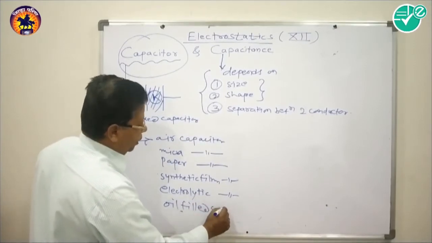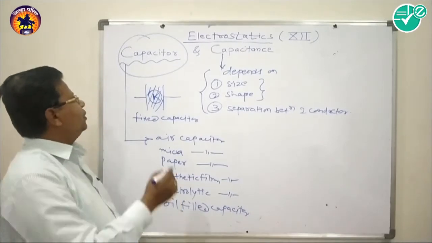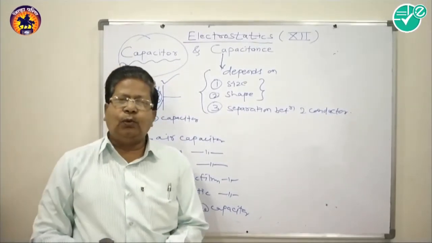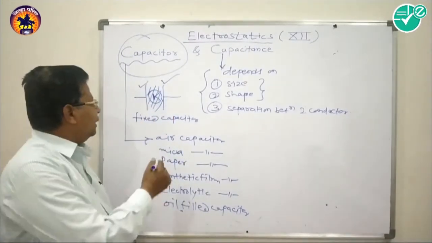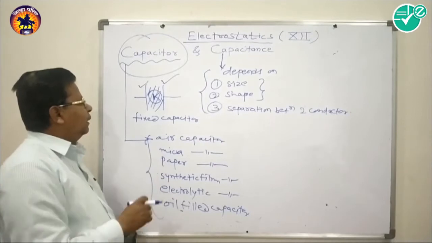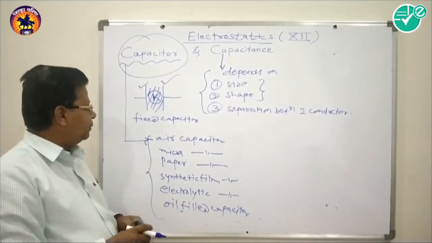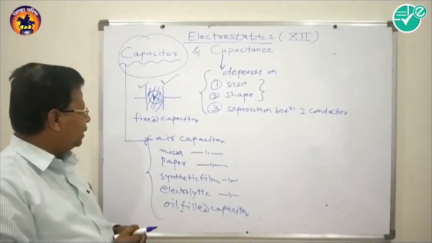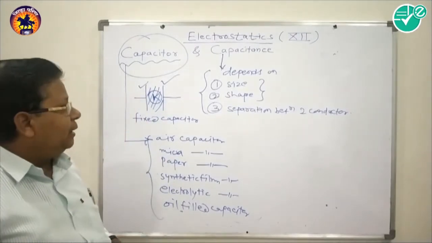So depending upon the dielectric medium which is present between the two conductors forming a capacitor, they are air capacitor, mica capacitor, paper capacitor, synthetic film capacitor, electrolytic capacitor and oil-filled capacitor.